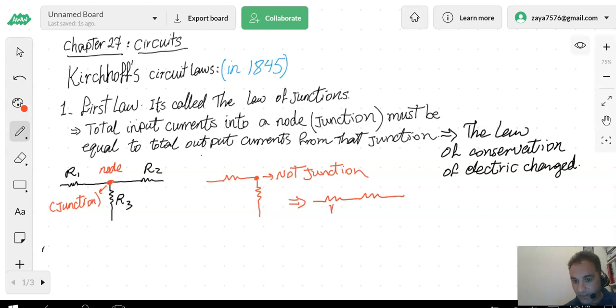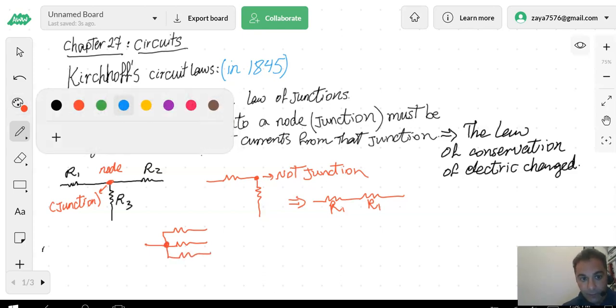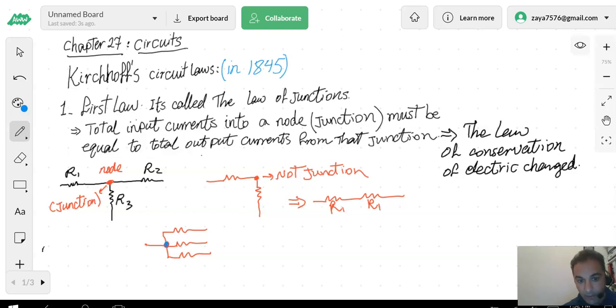There is nothing here, there is no node. But whenever you have something like this, this point, let me show it in blue, is a junction. So now you know what a junction means.